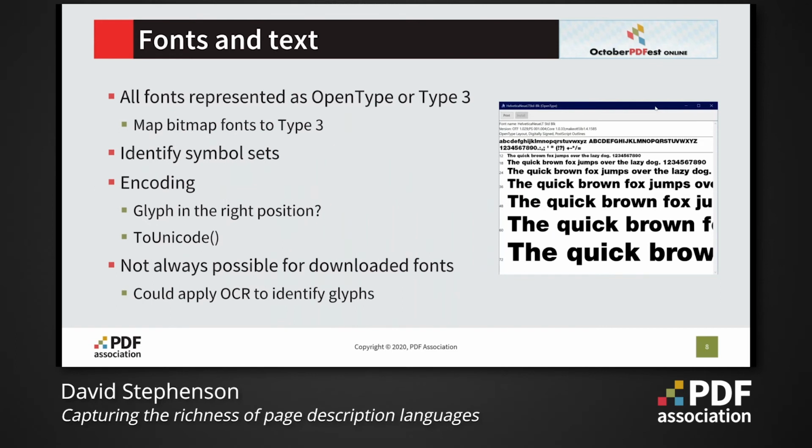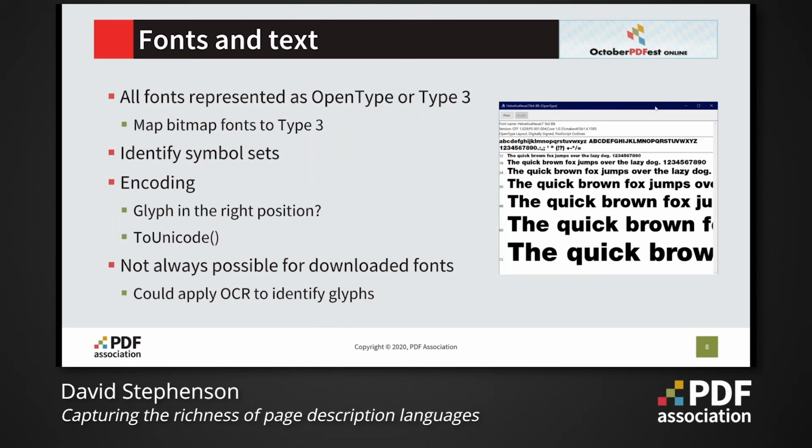The other thing we do is we will do our absolute best to deal with fonts. It goes without saying, really, that accurate text acquisition relies on identifying the correct font encoding so that the glyph runs can be turned back into usable text.